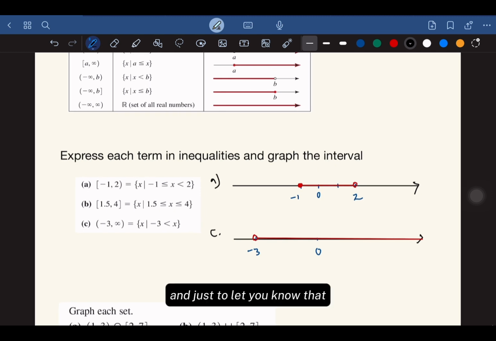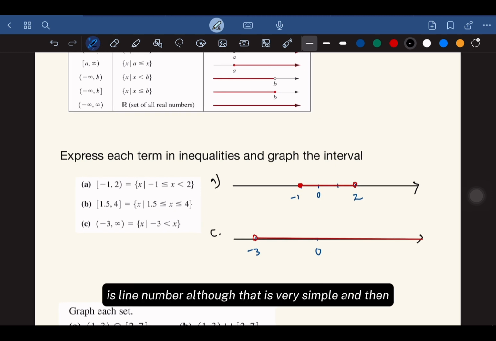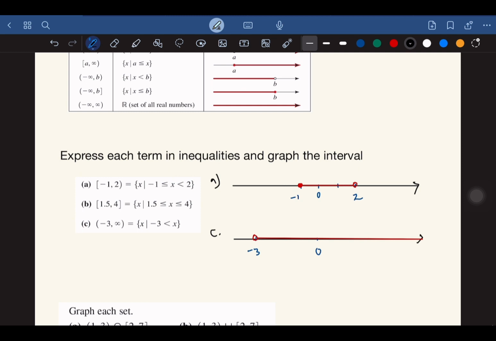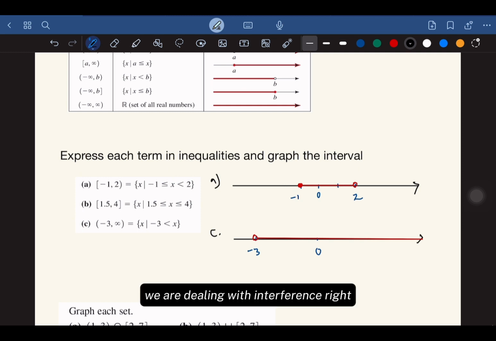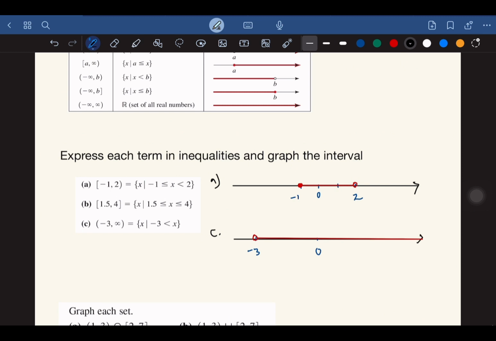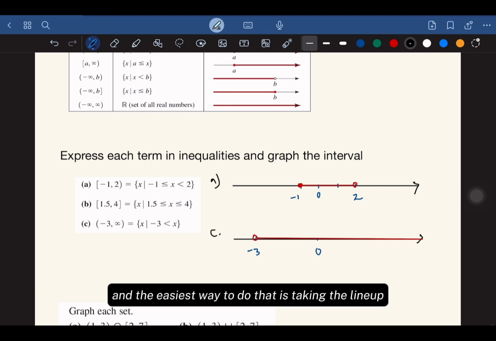And just to let you know, although this number line is a very simple method, I think it is a very great method, because in a calculus class we are dealing with intervals, right? And sometimes we need to check the intervals. The easiest way to do that is using number lines.